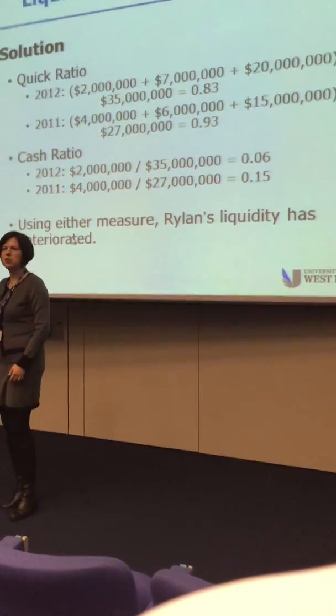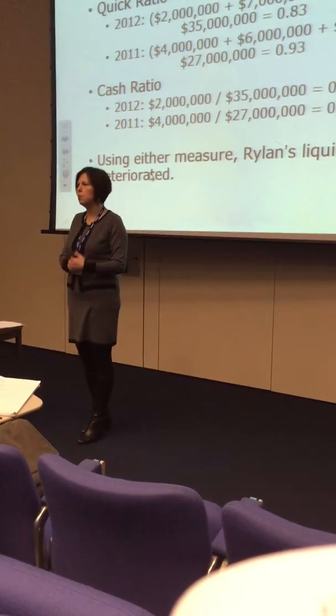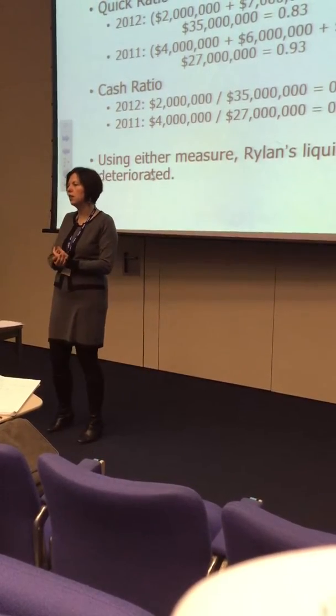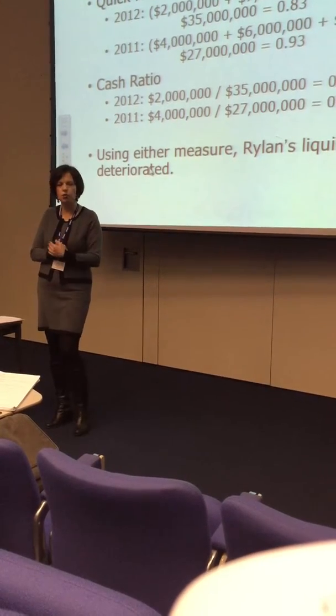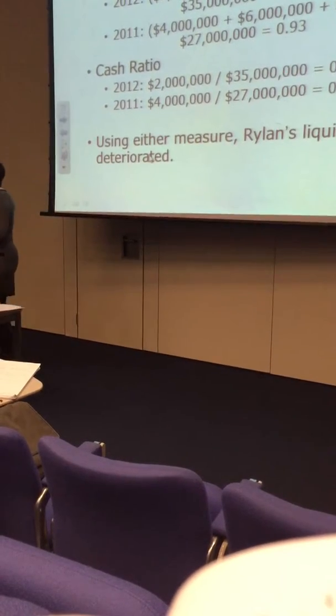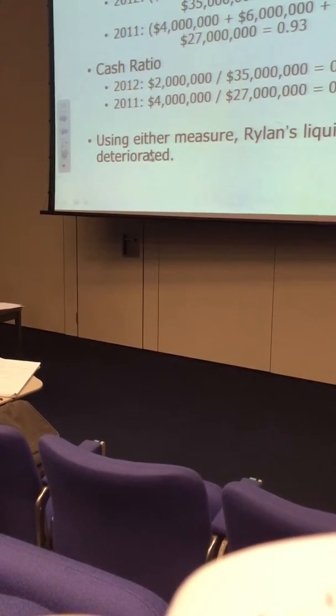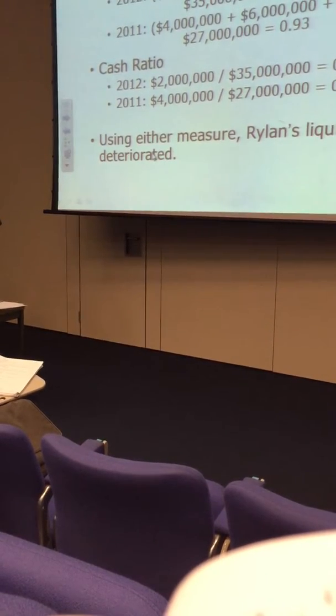Cash is the most liquid. Short-term investments are quite good too. You can sell them quickly, convert them to cash, and then if you quickly need to buy something or pay off your obligations, that's a source for you. Then debtors, you usually collect them within 30 to 60 days, and then inventory. But again, it depends.